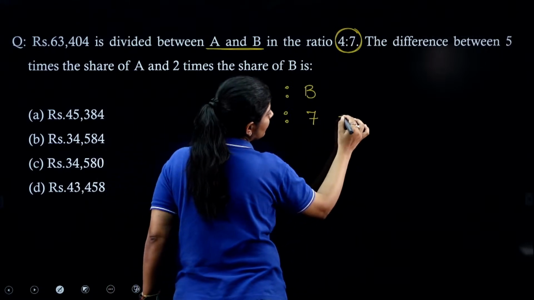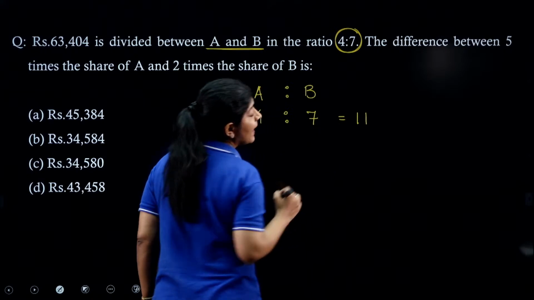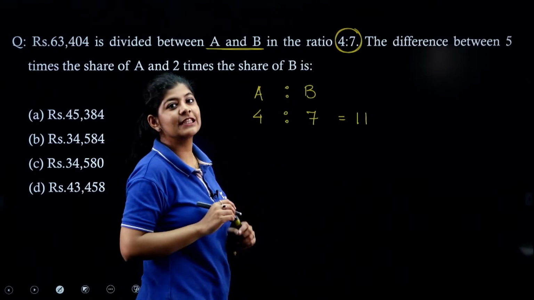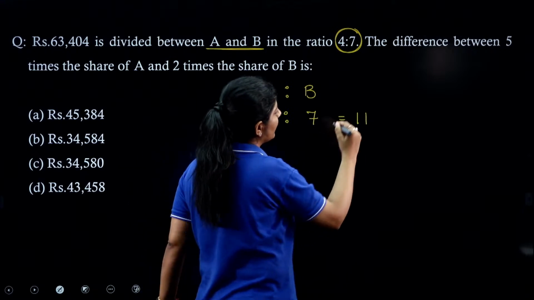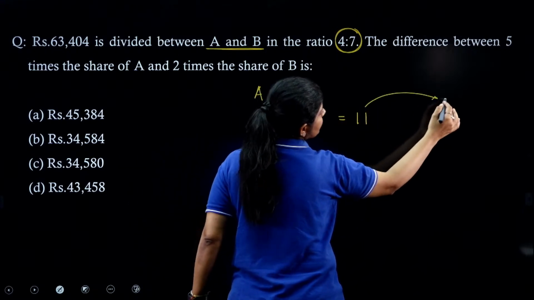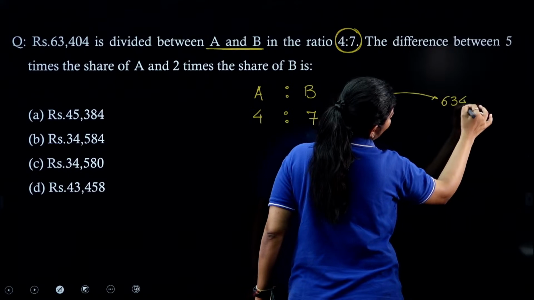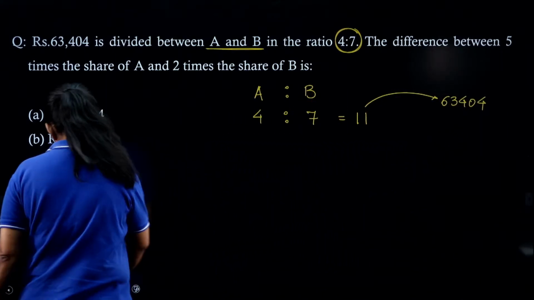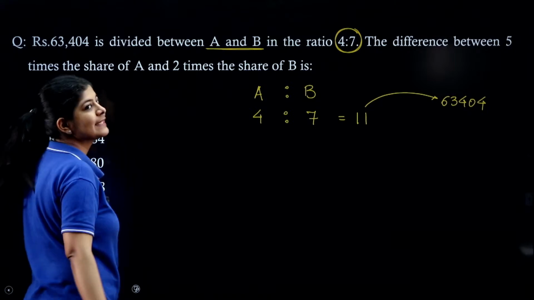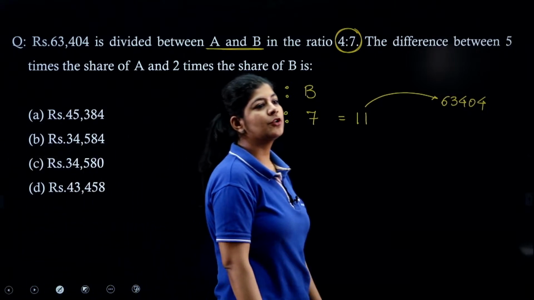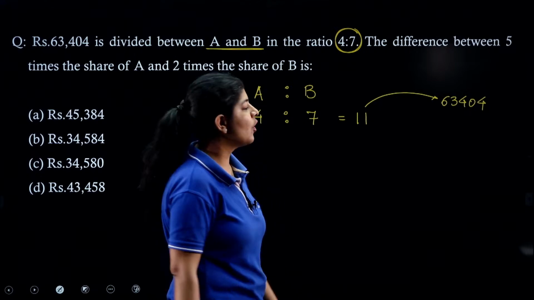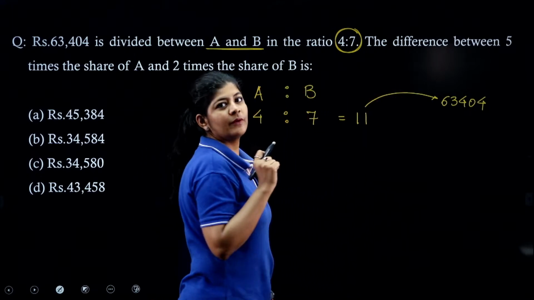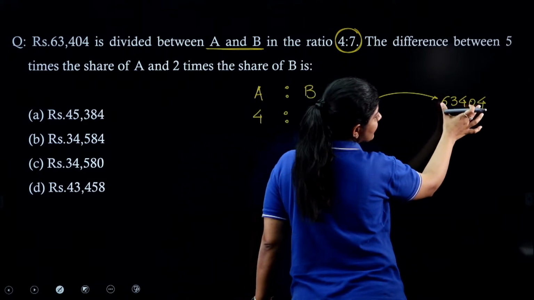That means the total is 11 parts. But according to the question, the total amount is 63,404. So we need to figure out on which multiple this number is present. We simply divide this number by 11.